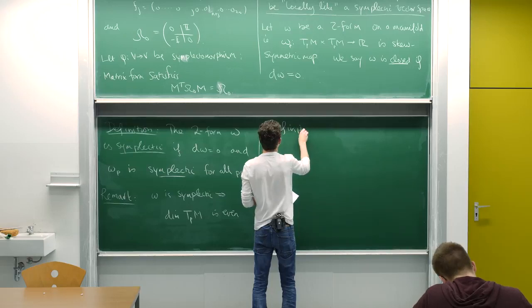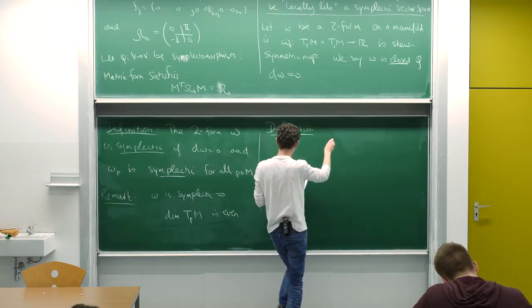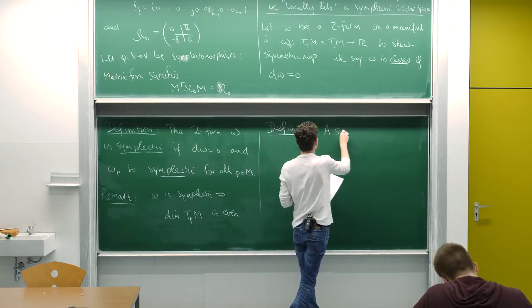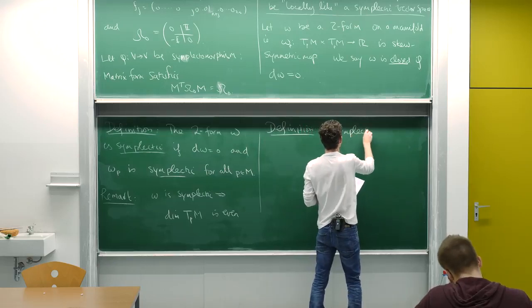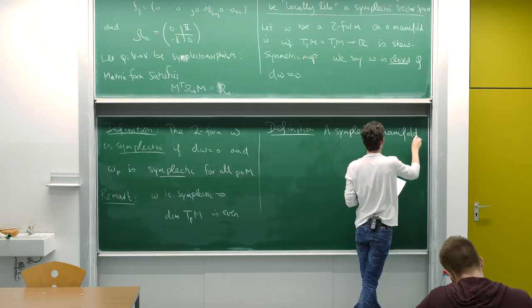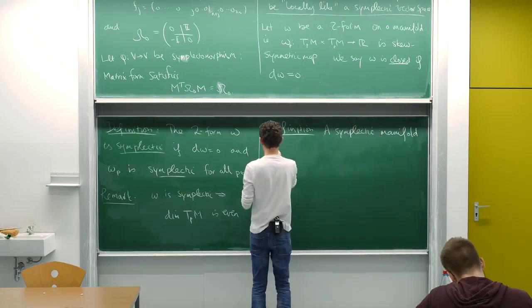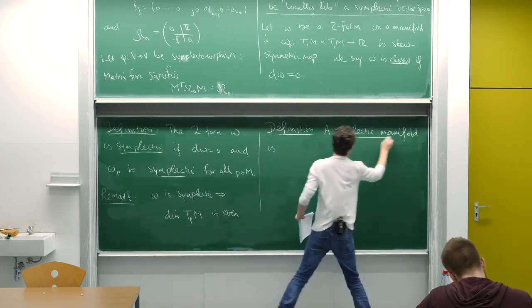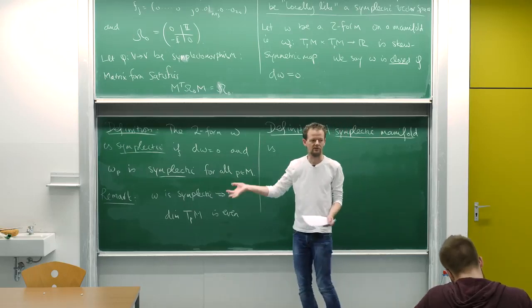Now that we have a symplectic form, we can define a symplectic manifold. And that's simply a pair of a manifold and a symplectic form.